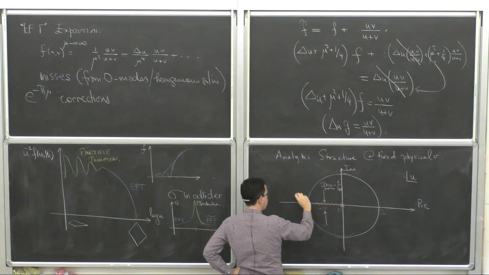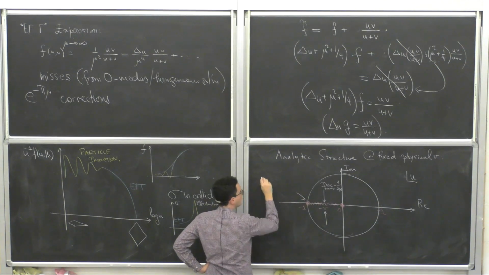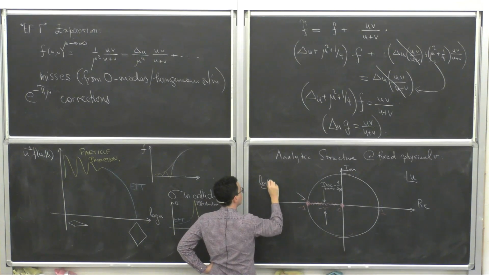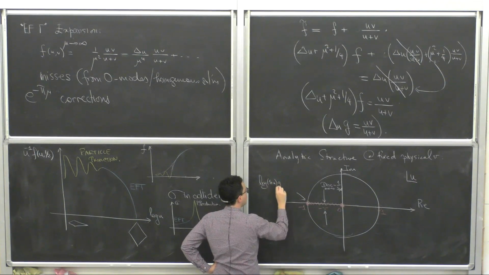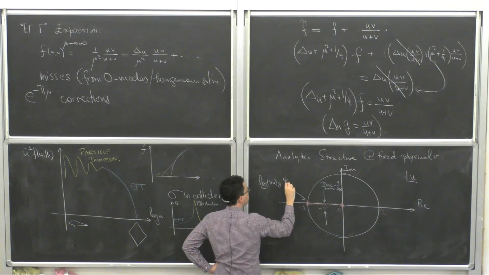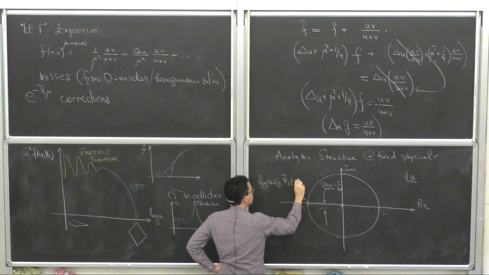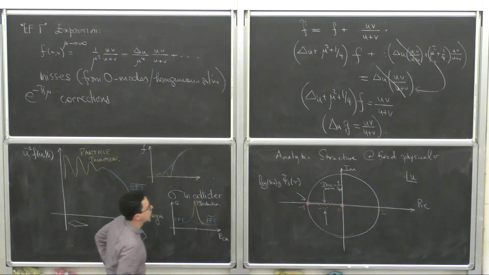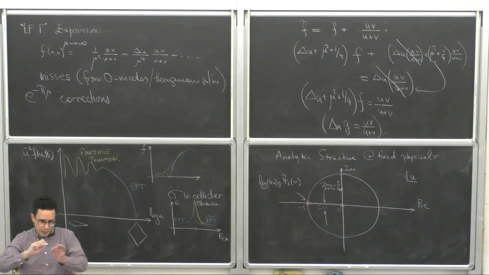While here the thing factorizes, so you get log of 1 plus U times G times the shifted wave function as a function of V. Remember that that's the factorization limit, right?